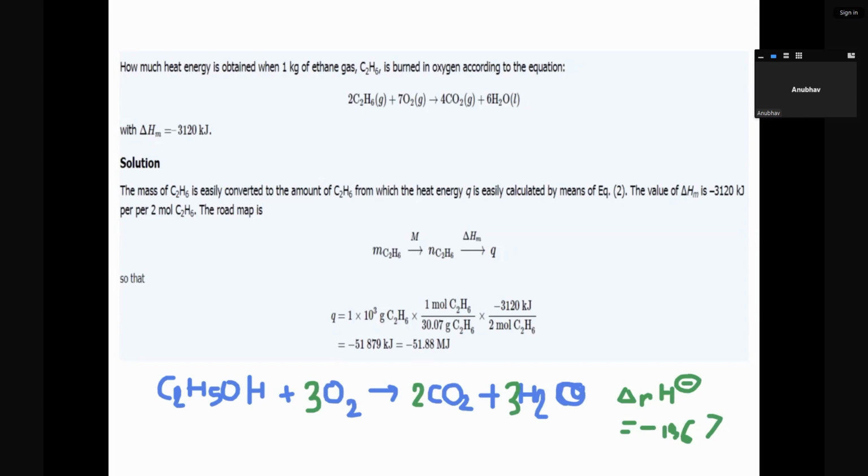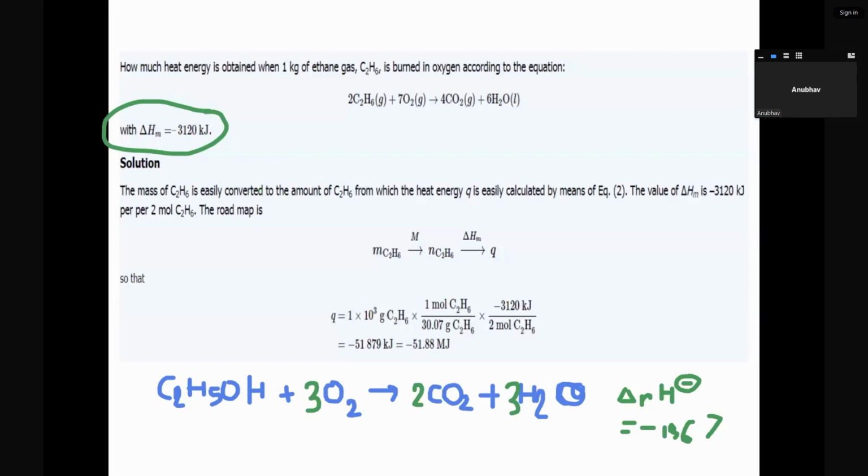The delta HM value is given as minus 3120 kilojoule. Now, how much heat energy is required, that is asked over here. Now, the mass of C2H6 is easily converted to the amount of C2H6, from which the heat energy Q is easily calculated.